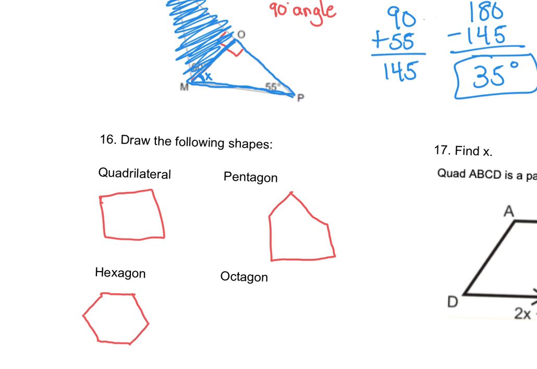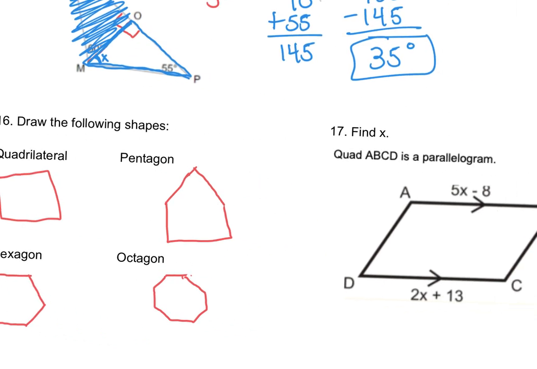There's 6 sides. And an octagon has 8 sides: 1, 2, 3, 4, 5, 6, 7, 8. Something like that. I'm going to go ahead and fix this ugly side here for that pentagon. Boom. Cool. And there's number 16 done.